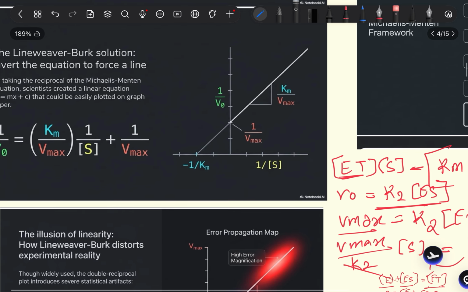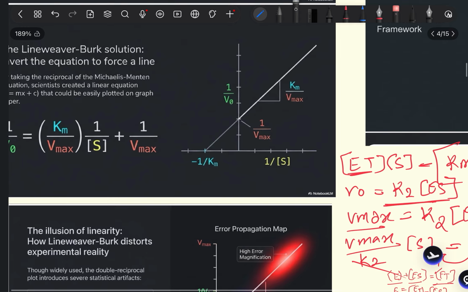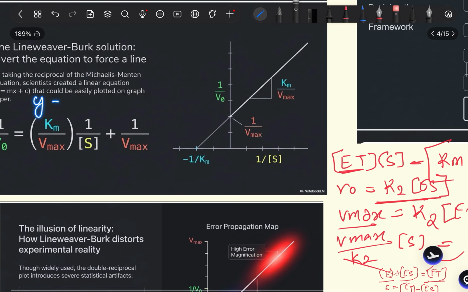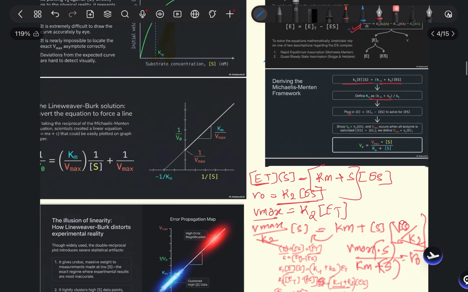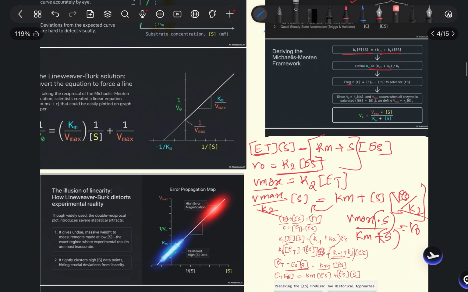One was the Lineweaver-Burk solution, where what they did was take y equals mx plus c. They just reciprocated the equation. Vmax is Km plus S equals V naught.